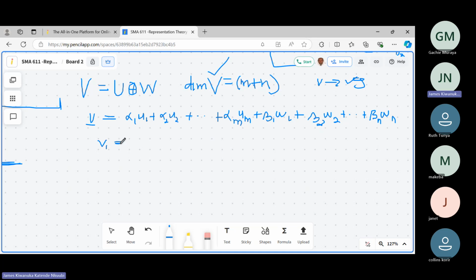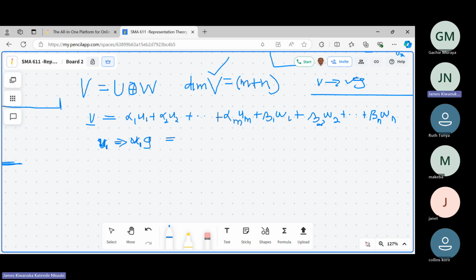So U1 will be sent to U1G. The basis elements are U1 up to UM and then W1 up to WN. So you have to start with the first one until you exhaust all of them. So the image of U1 is the same as U1G under this linear map.